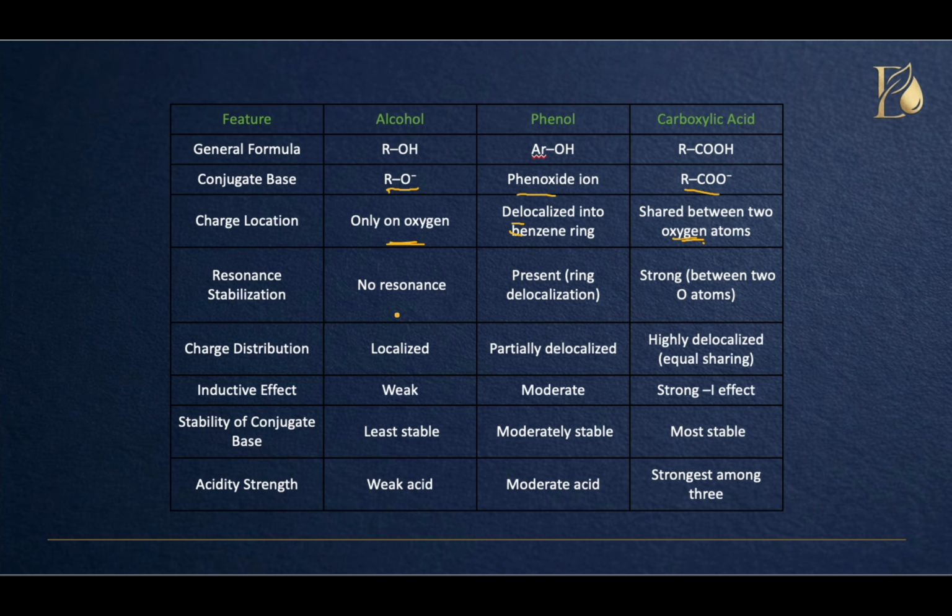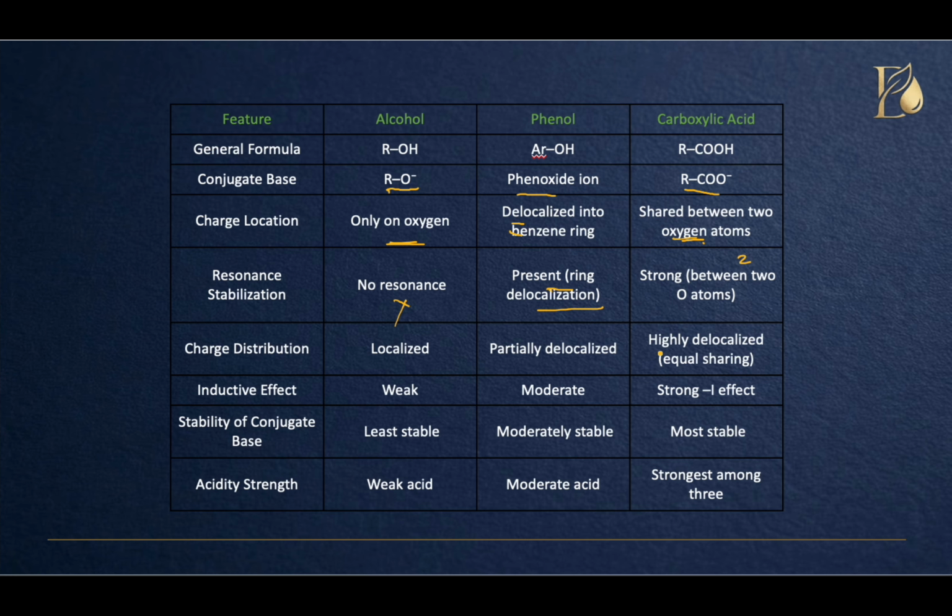Coming to resonance stabilization, there is no resonance possible in alcohols, while in phenols resonance is possible because of ring delocalization. But in carboxylic acids, there are only two resonance possibilities, but they are strong and between two oxygen atoms. Charges are shared between two oxygen atoms and they are equally distributed, right?